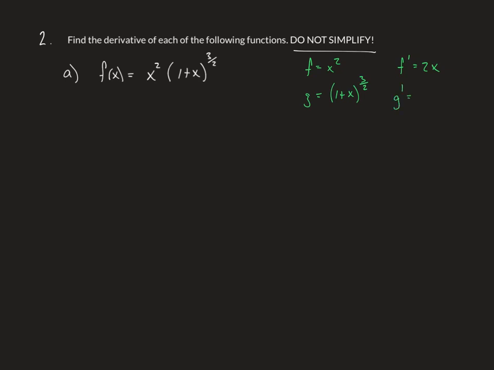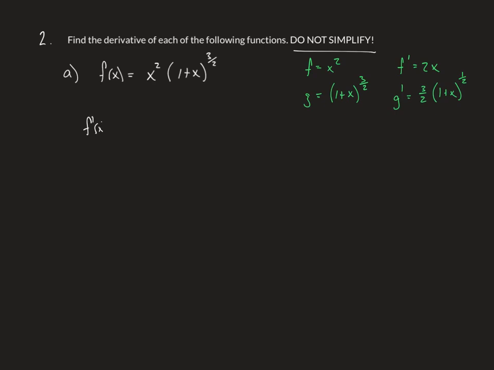G prime is going to be the derivative of the exterior function, which is 3 halves, 1 plus x to the, and then 1 less than 3 halves, which is 1 half, times the derivative of the interior function, which is just 1. But don't forget, we did apply the chain rule there. So we don't need to put the 1, but we should consider that because it's not always going to be 1.